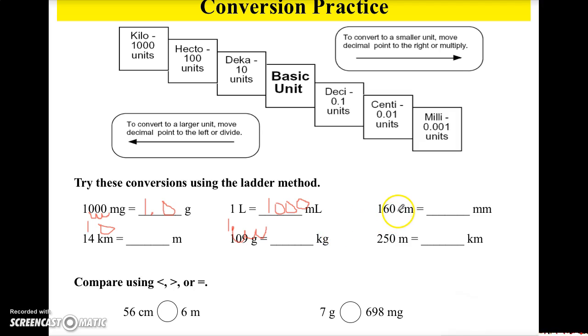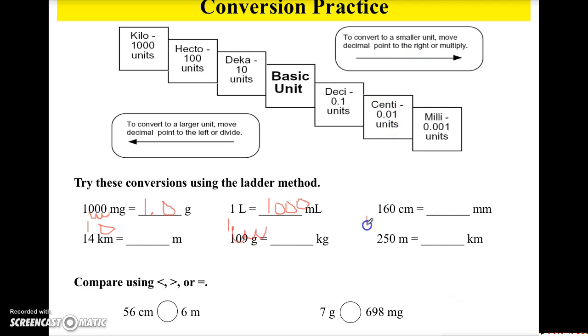And this one right here, I'll do this next one, 160 centimeters to millimeters. And this is the unit of length. And so I'm starting at the C and I'm finishing at the M. Find my starting point here, finishing at the M over here. I'm going to hop over 1 to the right.